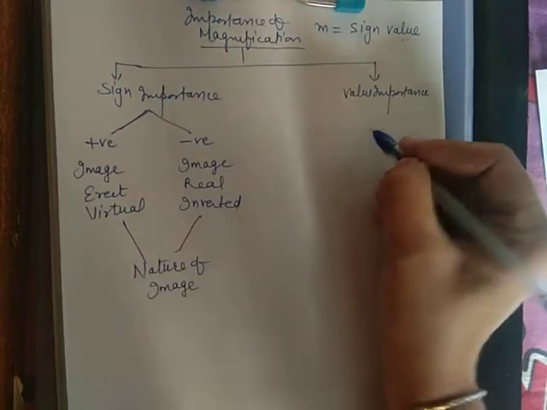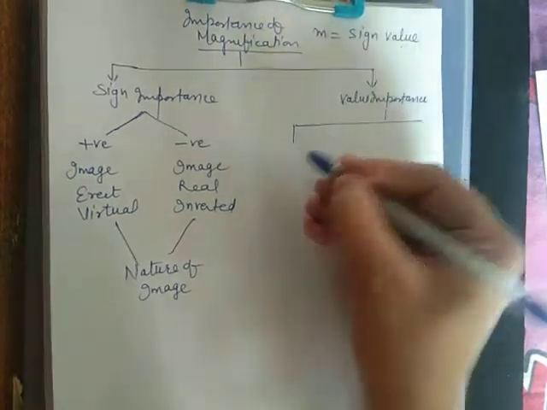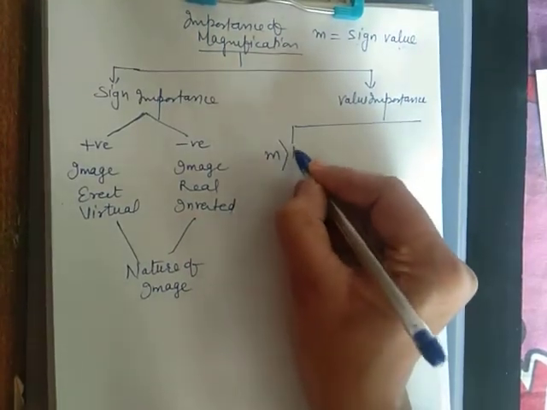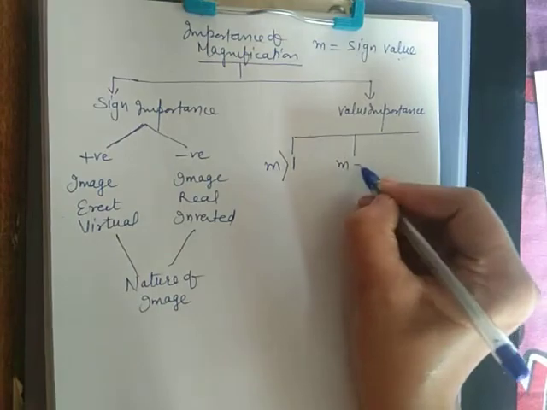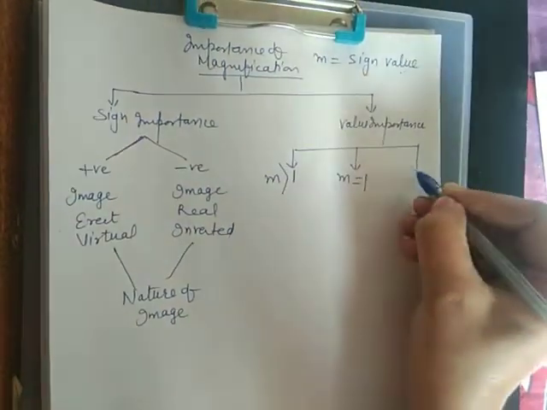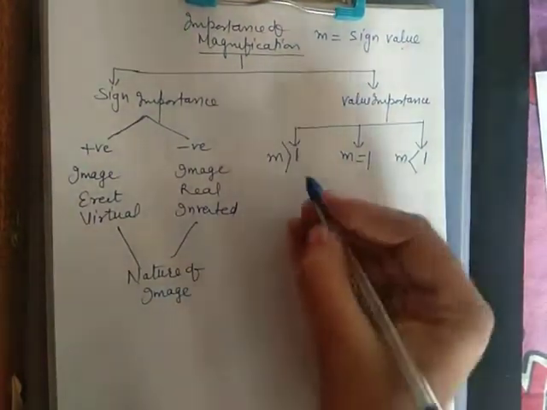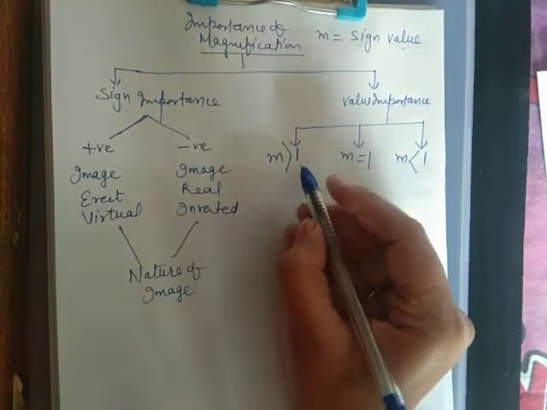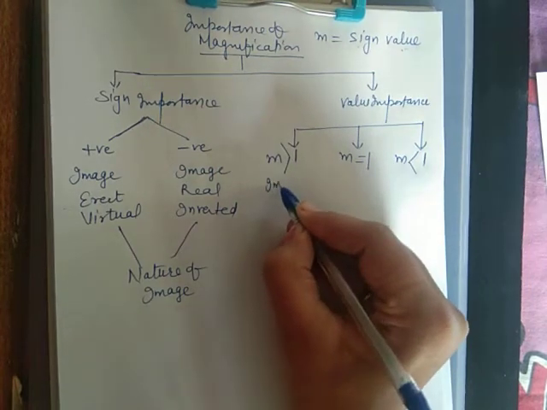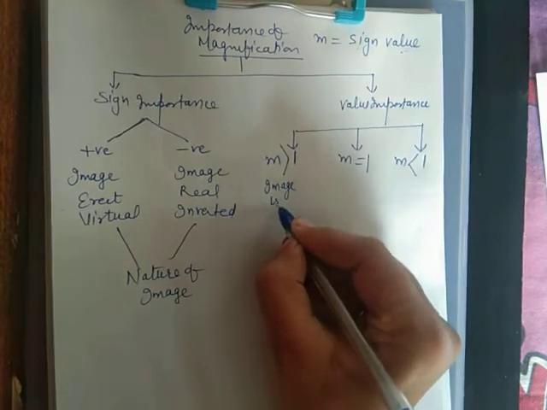Now what about value? The value of m may be greater than 1, equal to 1, or less than 1. If magnification value is greater than 1, it means image size is larger than that of object.